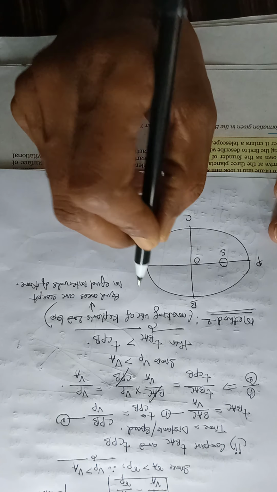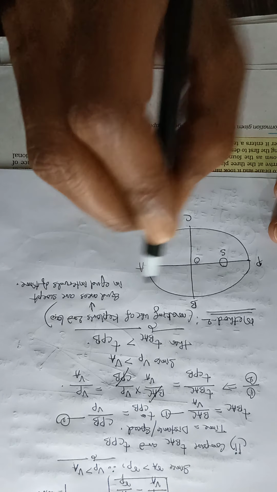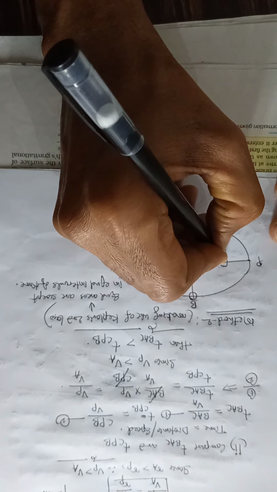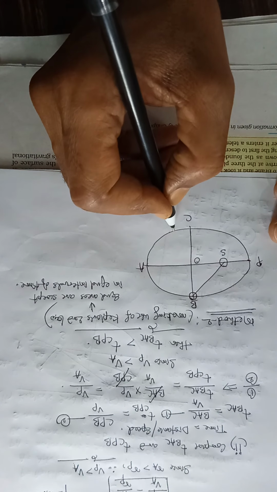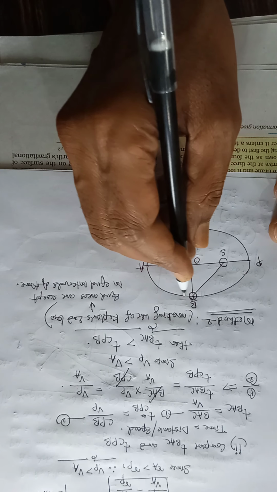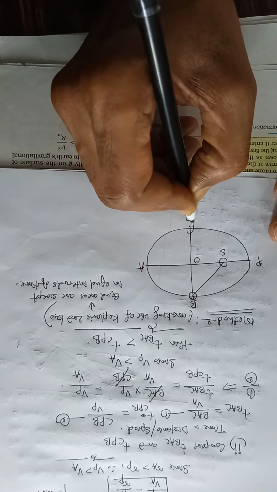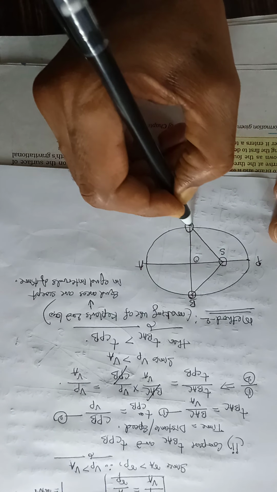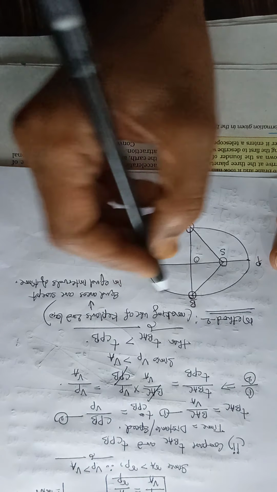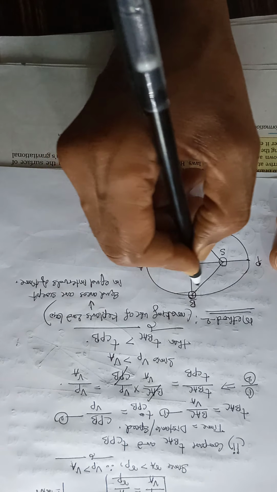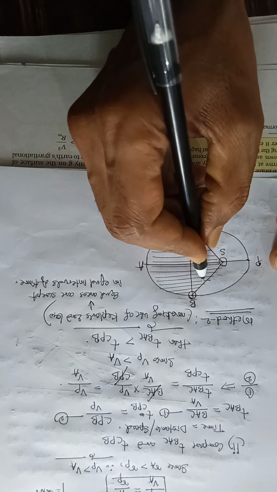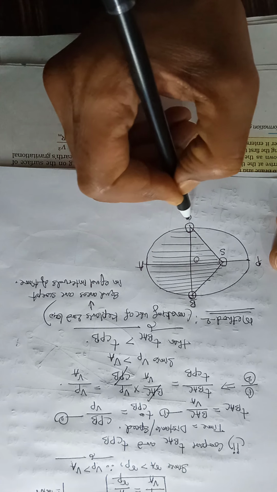Now first our planet is here. Line joining Sun and planet. Afterwards that planet moving through A reached C. This is initial position, this is final position. So the area swept by this line in moving from B to C through A, this line swept this much area by reaching C point.